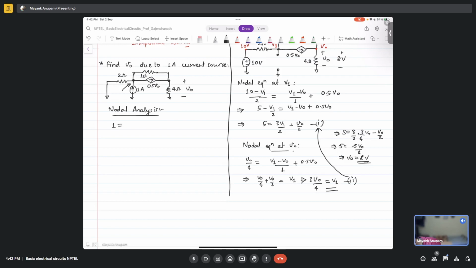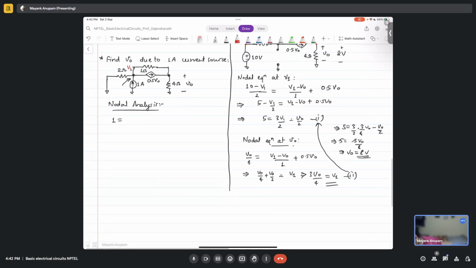So 1 should be equal to, let's assume this voltage as V1, V1 upon 2 plus V1 minus V0 upon 1 plus 0.5 V0, right?